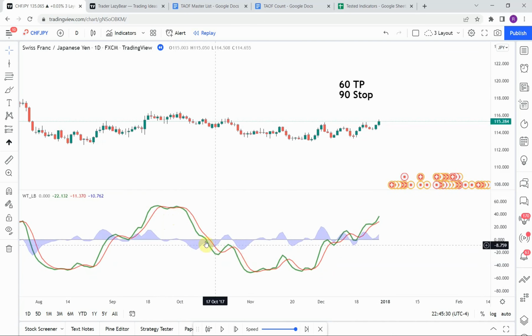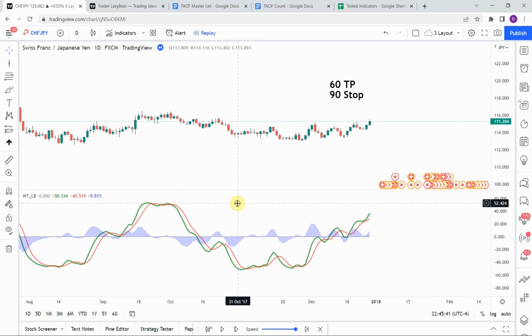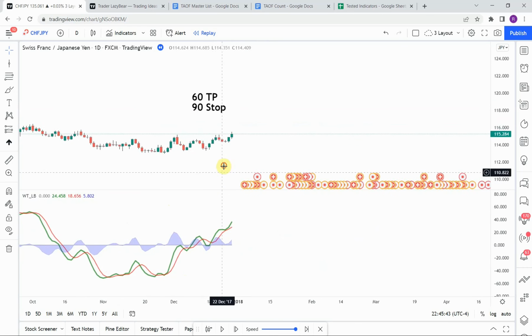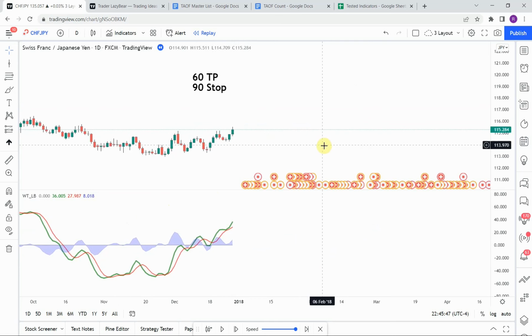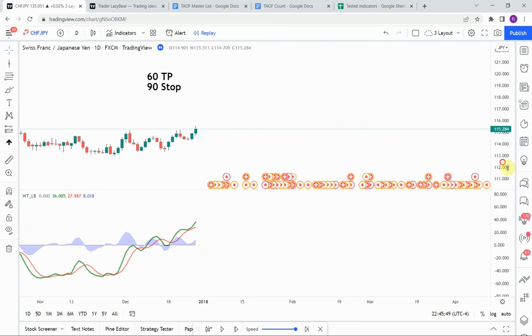When the green and red oscillating lines are below the 0 line, we are looking for the green line to cross up above the red line, and that will be a signal to go long. And so that's what we're looking for. Let's go ahead and get on with the testing and see what we can get out of this.